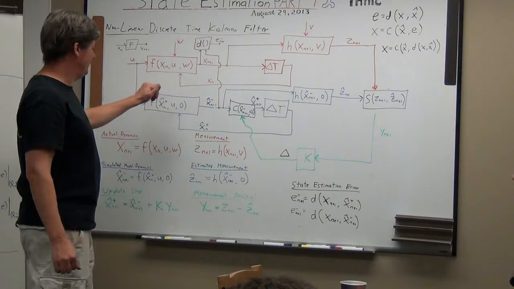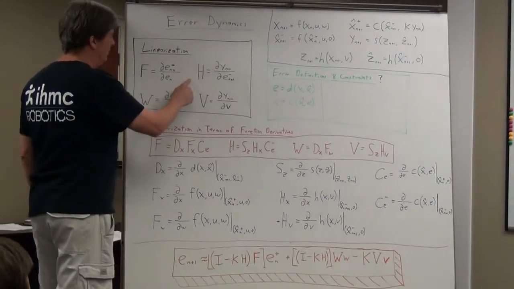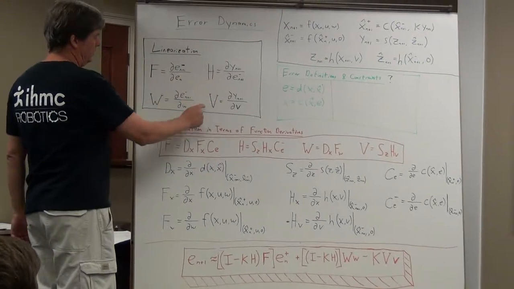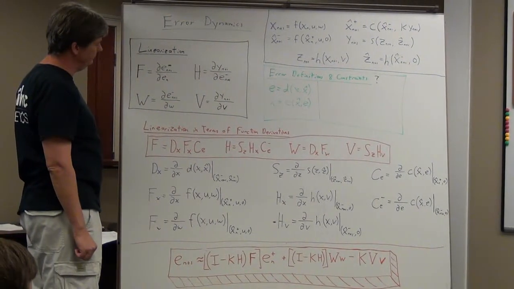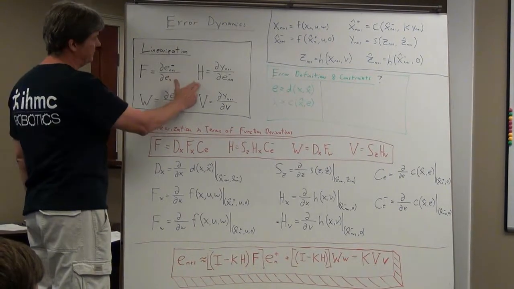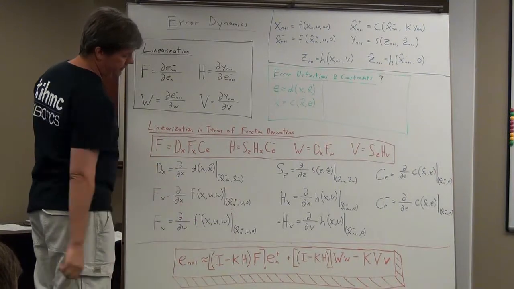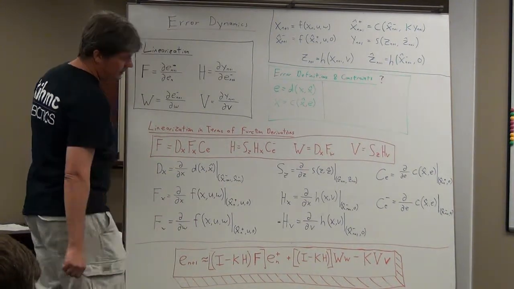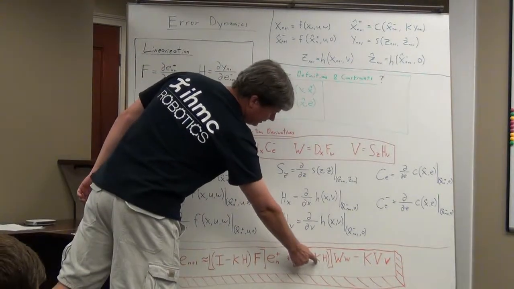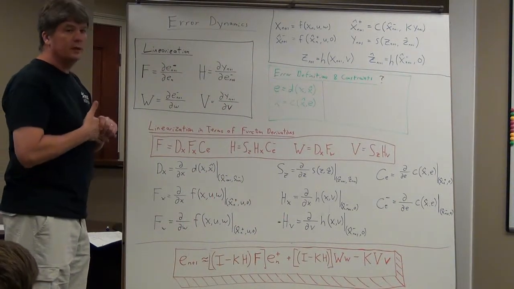And if you do that and use these 4 derivatives to get these 4 matrices, then you can use anything you use with a linear Kalman filter, and your error dynamics will be the same. And then it's just a question of how you choose the K. So, any questions?